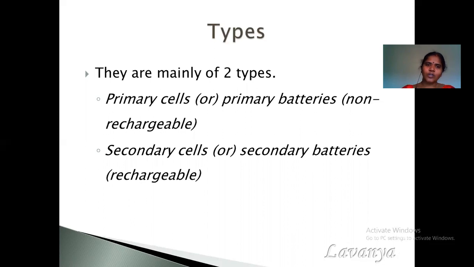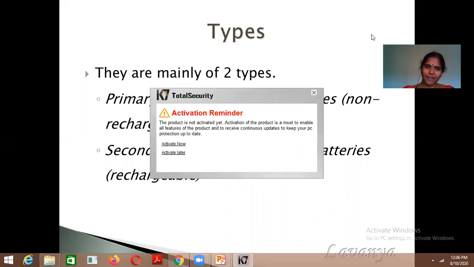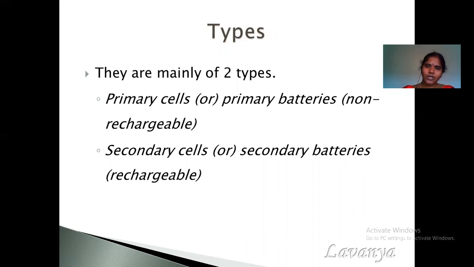Based on whether the battery can be rechargeable or not, we classify the batteries into two categories, that is primary cells and secondary cells. Primary cells are non-rechargeable batteries. Secondary cells are rechargeable batteries.